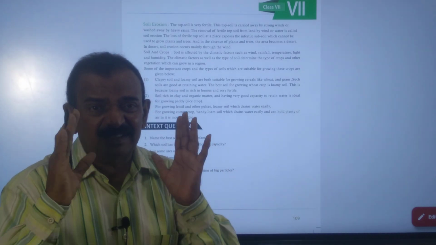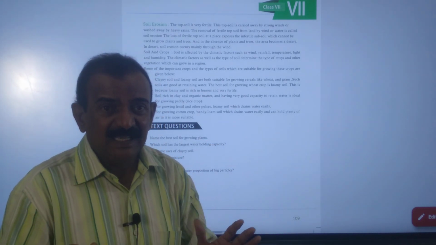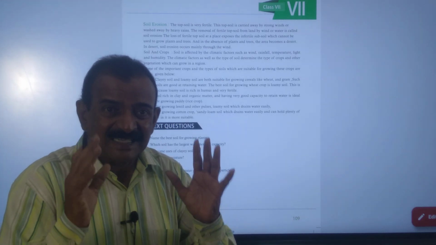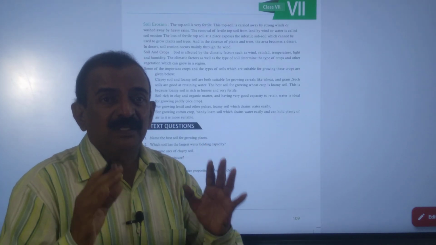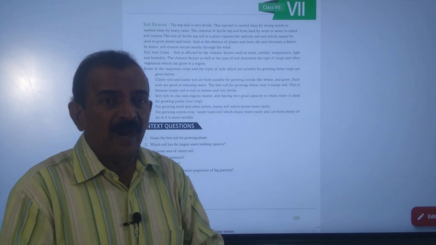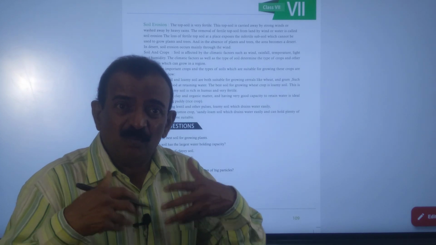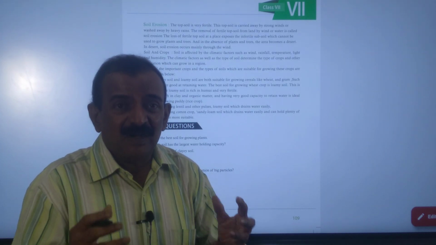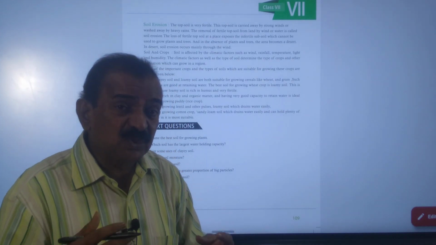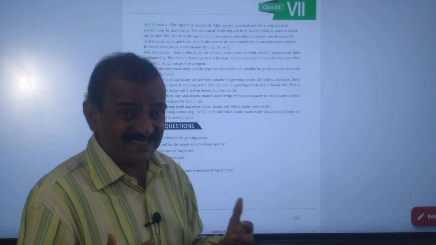So loamy soils are best suited, and this soil consists of humus and organic matter, and the water holding capacity of loamy soil is more. That is the reason farmers prefer loamy soil for growing different cereal plants.